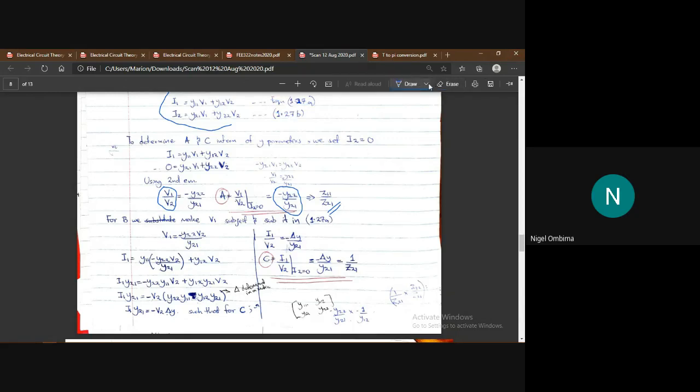In 1.27, this one, V1 will be the same as here: V1 is equal to negative Y22 V2 over Y21.